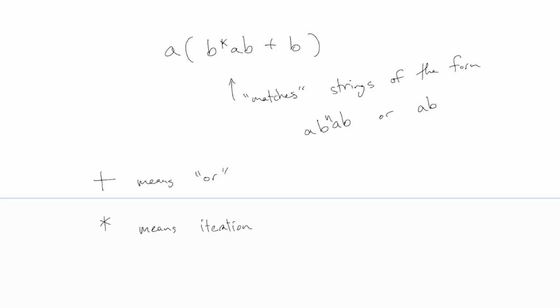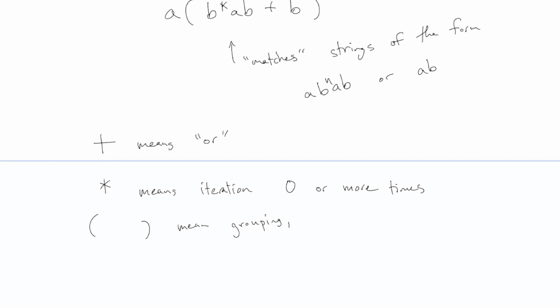I would say iteration zero or more times. And then the parentheses just mean groupings like in ordinary mathematics. And what we call juxtaposition, when you just write one thing next to another, that means concatenation of strings.